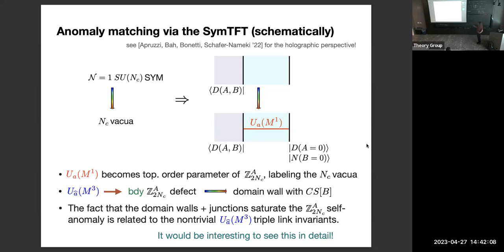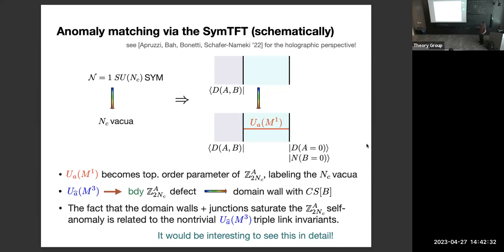And because of the symmetry breaking pattern of the Z_{2N} zero-form symmetry, the operator associated to that symmetry should terminate on both sides, now both topological boundary conditions.